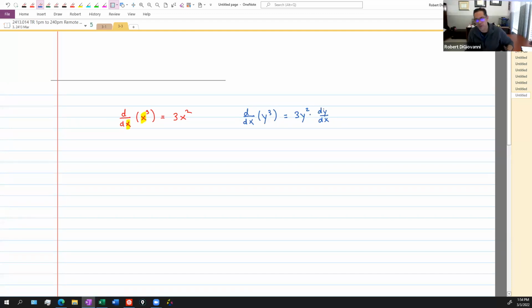That's your chain rule. What's happening here is that y and x don't match anymore, so I'm going to treat this like a chain rule. Power rule first, 3 comes out, raise the power to the second, leave the inner function alone, then multiply times the derivative of y. The derivative of y with respect to x is dy/dx.